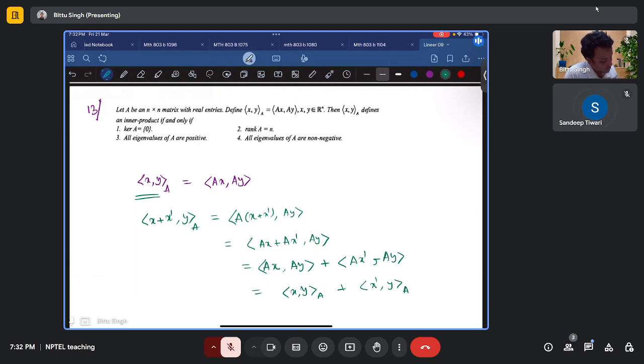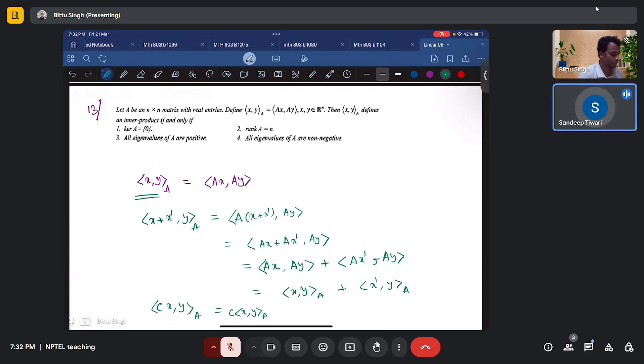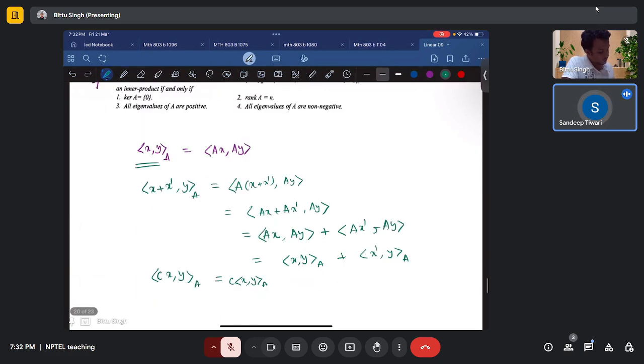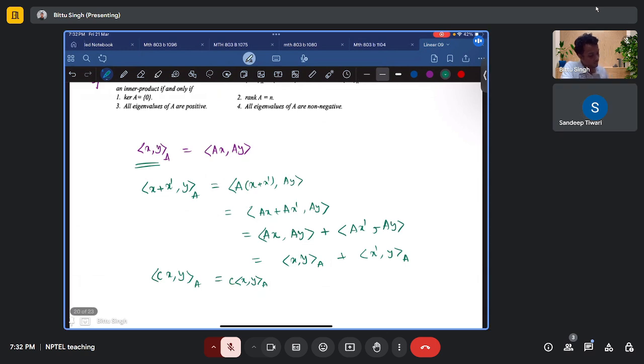Similarly, if you multiply with some scalar, you can easily prove the property for cx comma y also holds. All the properties of inner product will hold, like the distributive property, and these are there.